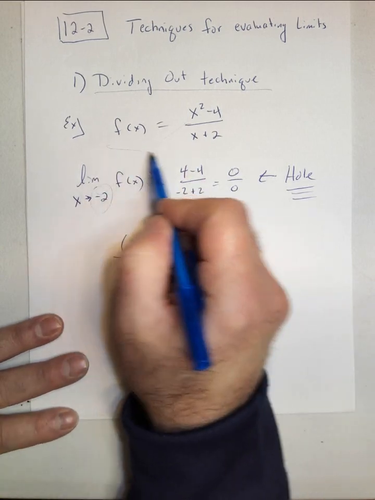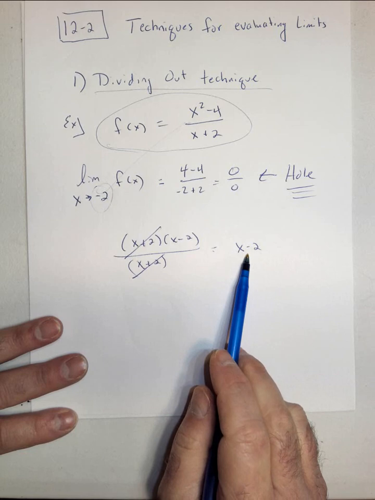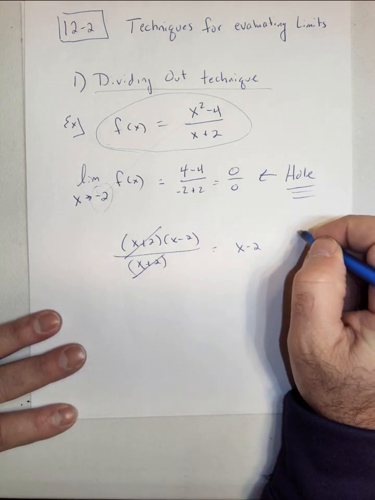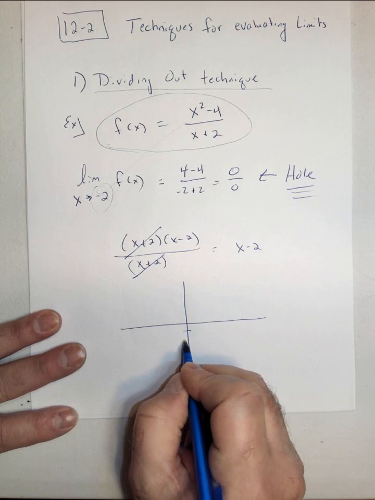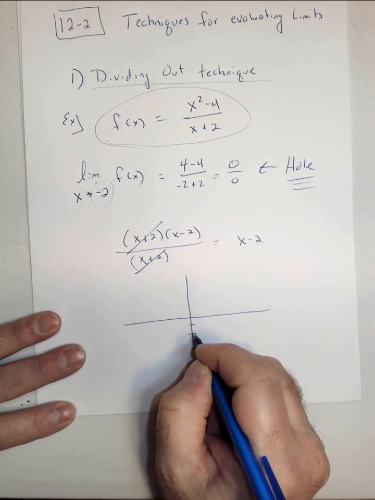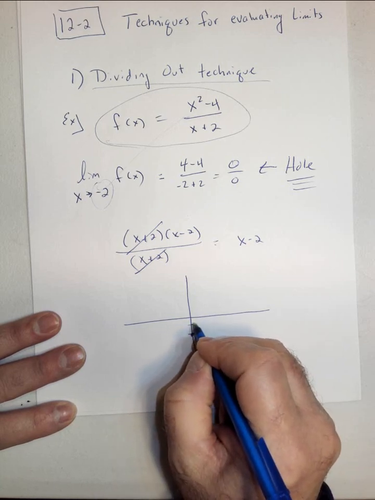If we were to graph this, we would actually see this line, with a slope of 1.